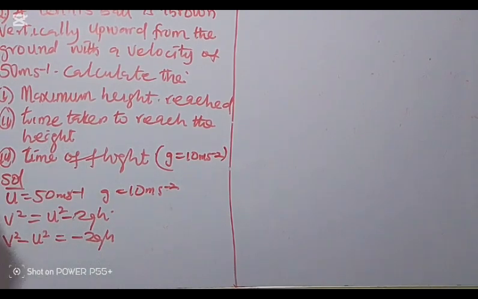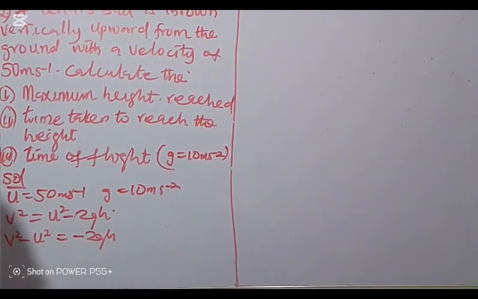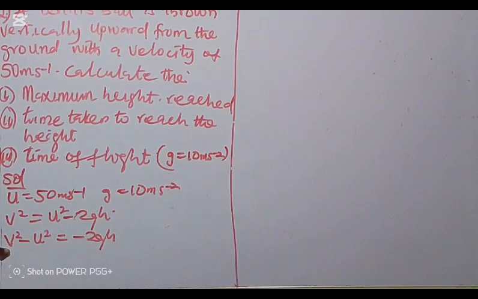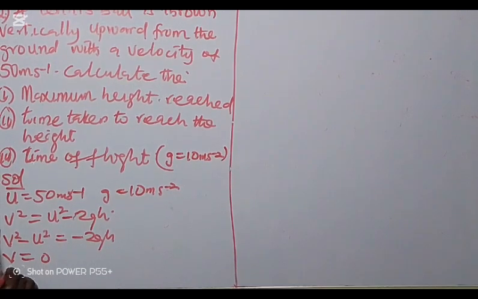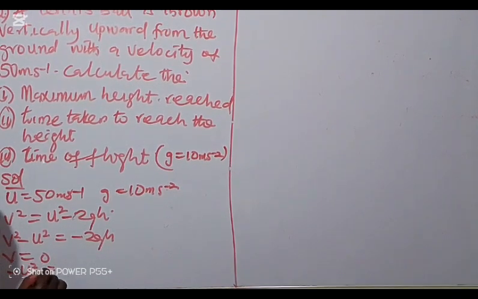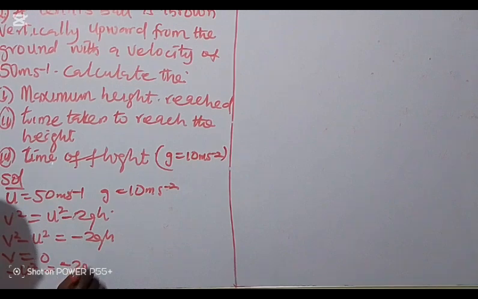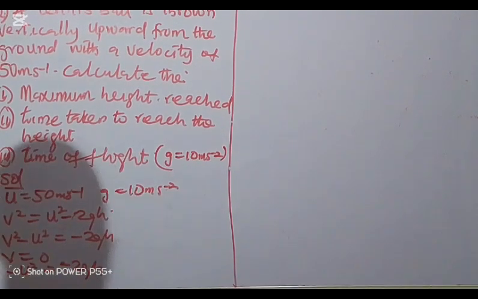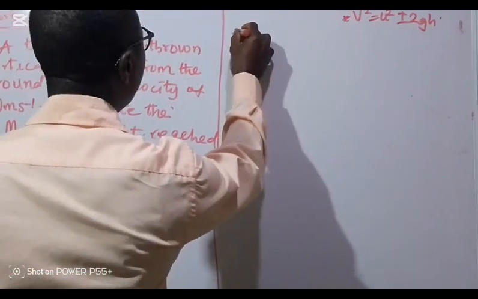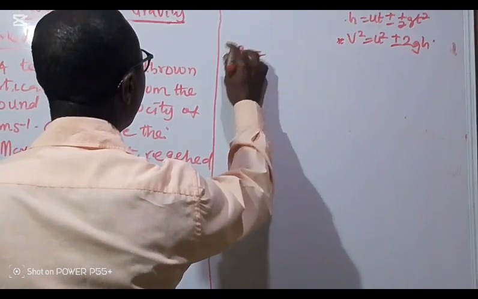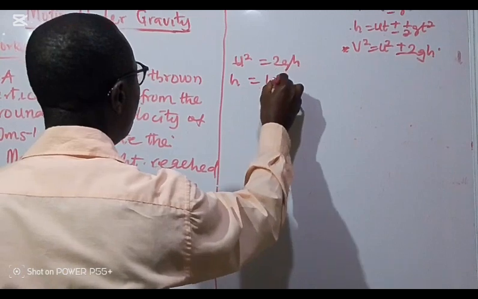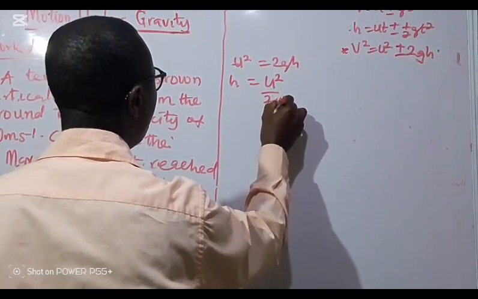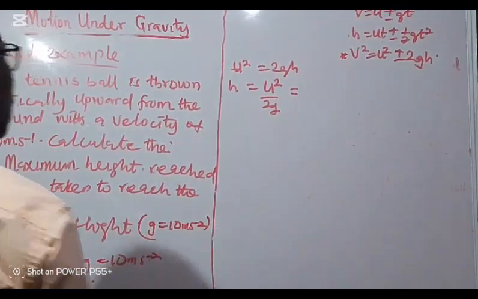Now, don't forget in our theory that at maximum height, what is the value of v? v is equal to 0. If v is equal to 0, then we are going to have minus u squared is equal to minus 2gh. Minus will cancel minus. So we are going to have u squared is equal to 2gh. So our h will be equal to u squared over 2g. And what is the value of our u? 50.